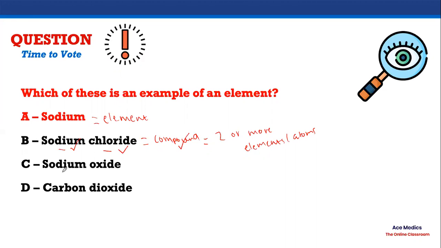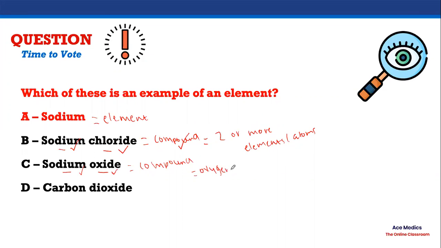So similarly, sodium oxide is also an example of a compound. Why? Because sodium oxide has the element sodium and oxide. So what is oxide? That is oxygen.